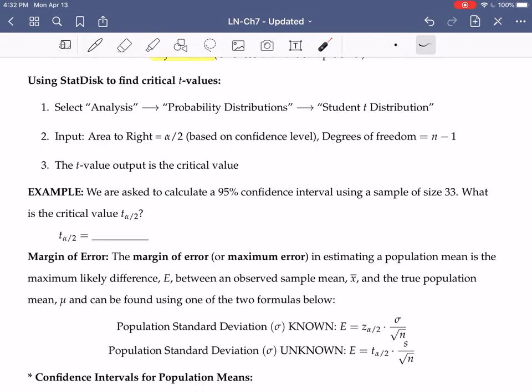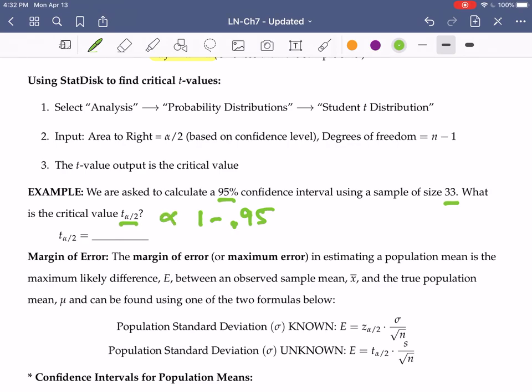So let's look at a quick example. Suppose that we are asked to calculate a 95% confidence interval using a sample size of 33. What is the critical value t sub alpha over 2? First we need to figure out the value of alpha. Remember that alpha is our confidence level subtracted from 1.